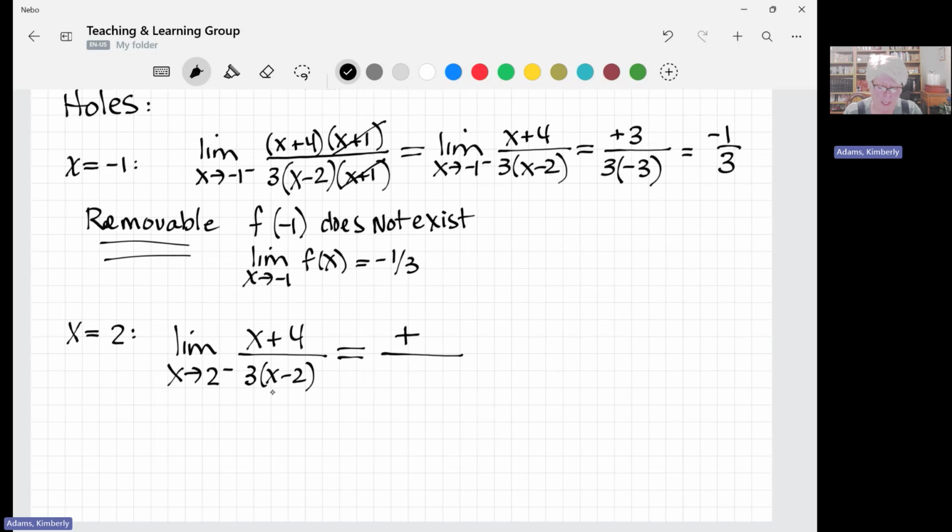When I look at the denominator, I'm approaching from 1.999 minus 2, which is something very, very small and negative.